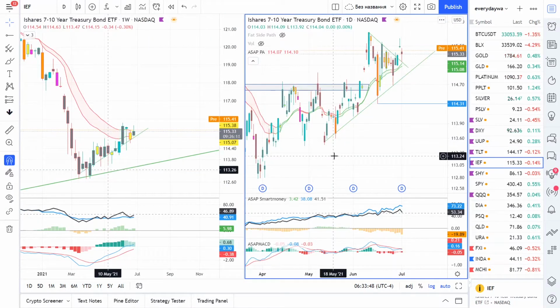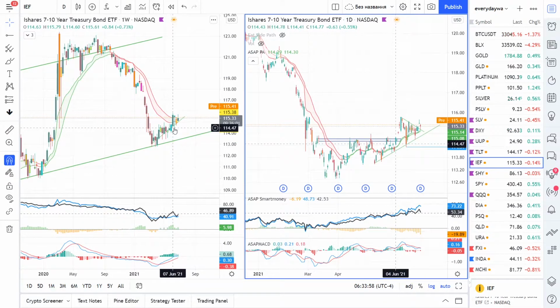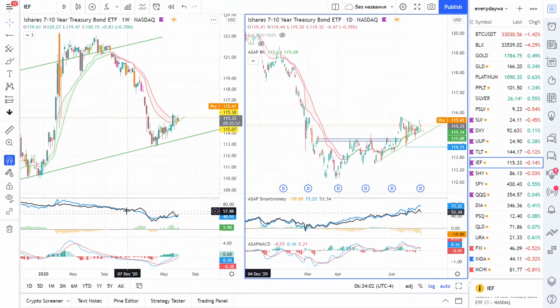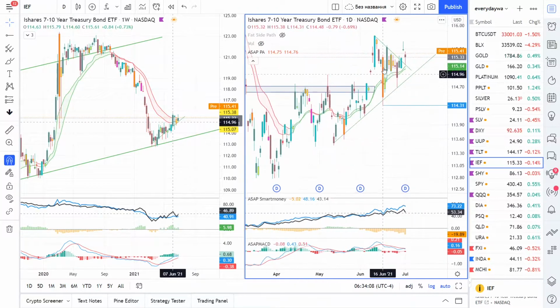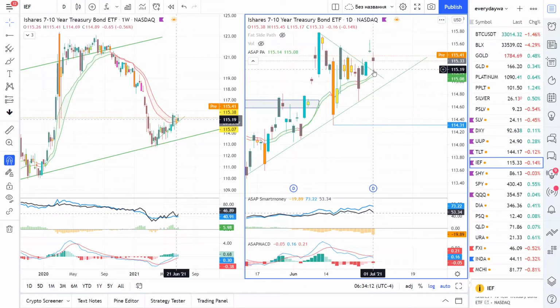Another thing worth mentioning is the 7 to 10 year treasury bond ETF. Here you can see the action is slightly worse. We have just a little bit of accumulation. We had sort of a triangle here. We tried to break to the upside, we tested it, and we had a reaction.